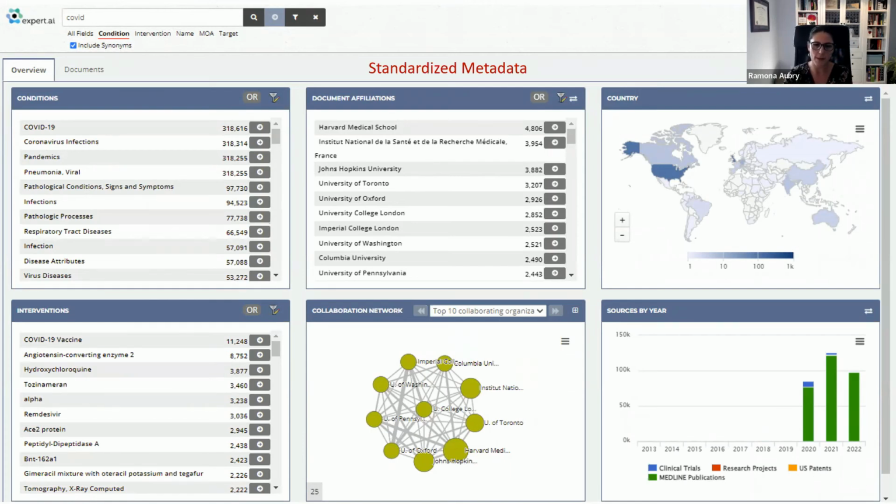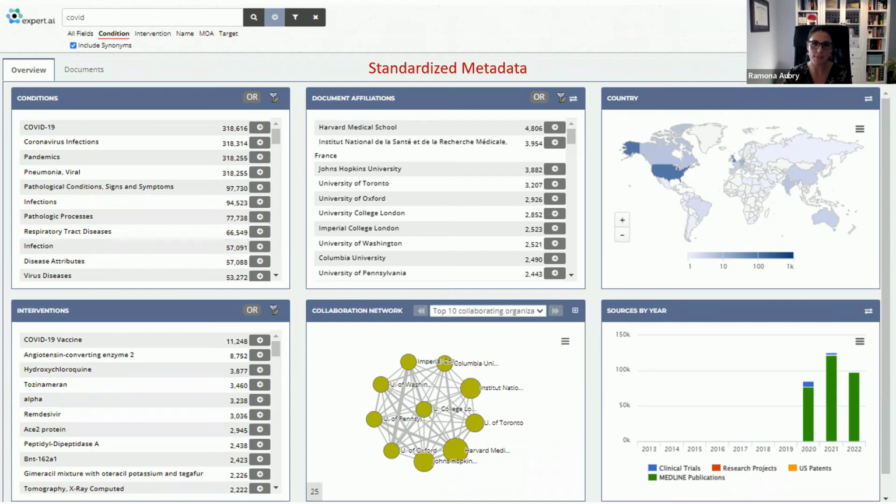So you see here an example of how we standardize the metadata that comes from different sources. So here we have multiple facets of information that are identified in more than 300,000 documents. You can navigate within different families of conditions that you have here or interventions that are linked to COVID-19. You can also have access to the main sponsors in the publications that have been indexed, as well as their locations and their network of collaborations.